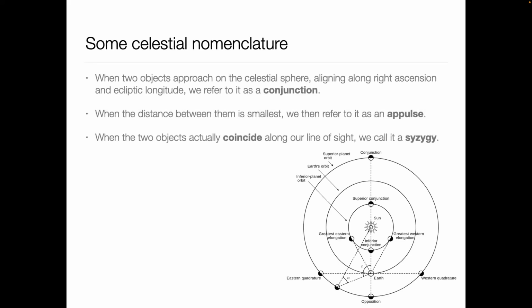So first, some nomenclature to basically be able to go over this material. When two objects on the celestial sphere basically get close to each other, you may have heard about the term conjunction.